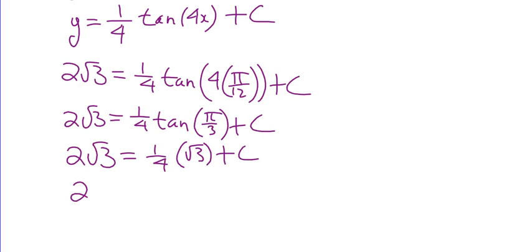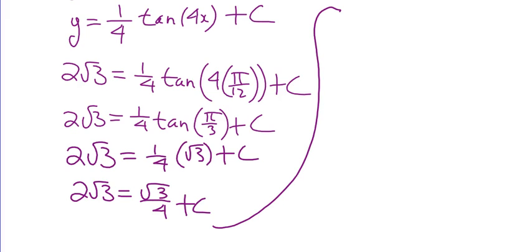Okay, so 2 root 3 is equal to root 3 over 4 plus c. So 2 root 3 is going to be 8 root 3's over 4. So c is going to be equal to 7 root 3 over 4. Okay? Let's do it. So 2 root 3 is 8 root 3 over 4, and then we're going to subtract the root 3 over 4.